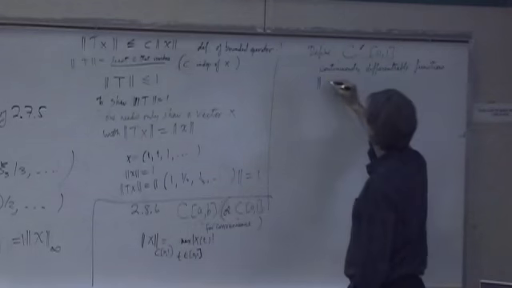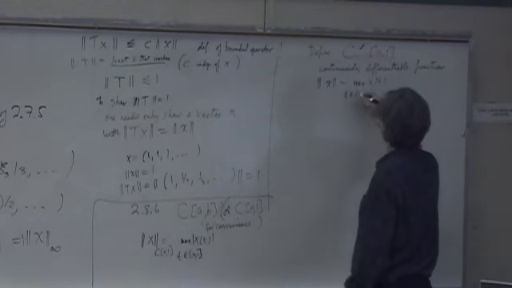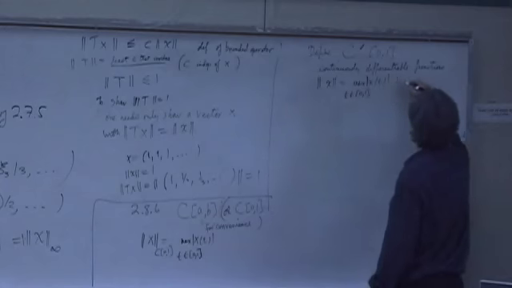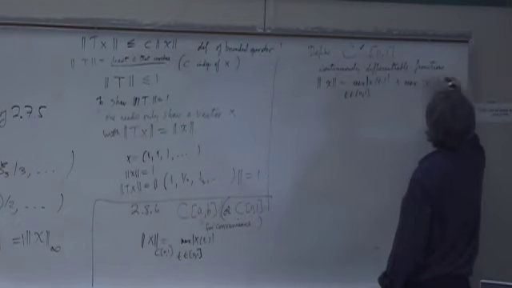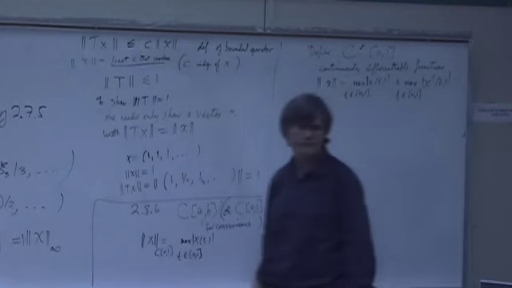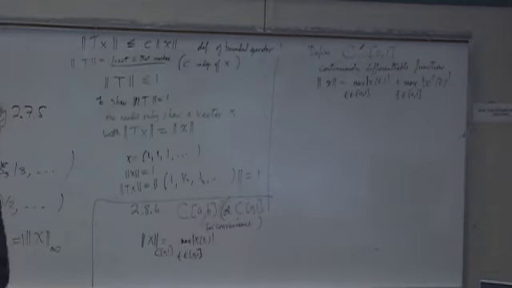The norm now on x is going to be the maximum of |x(t)|, t in [0,1], plus the maximum of the derivative |x'(t)|, t in [0,1]. That will also be a norm. And part of the problem is to show that it is a norm. That's not very difficult.